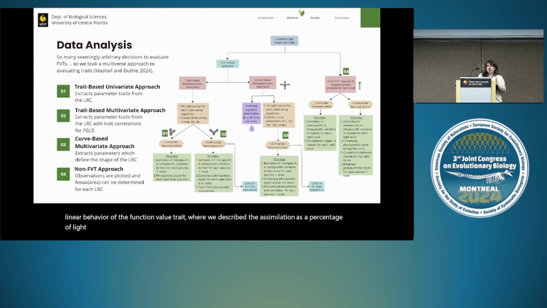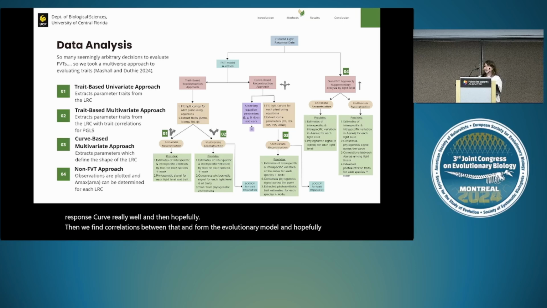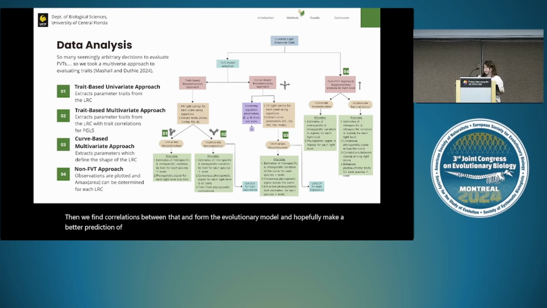So we can model the behavior at the beginning and the end of the light response curve really well, and then hopefully we find correlations between that, inform the evolutionary model, and hopefully make a better prediction of the light response in totality.